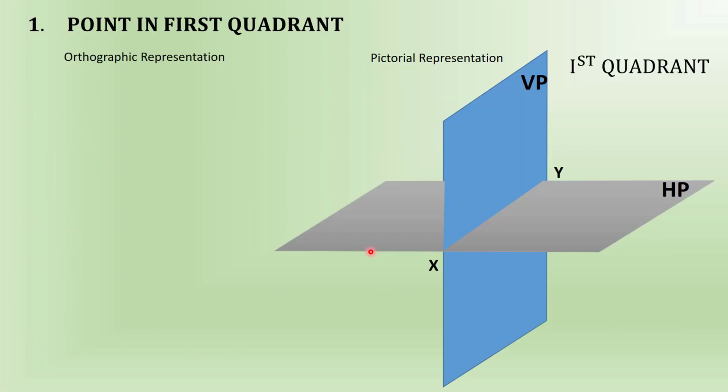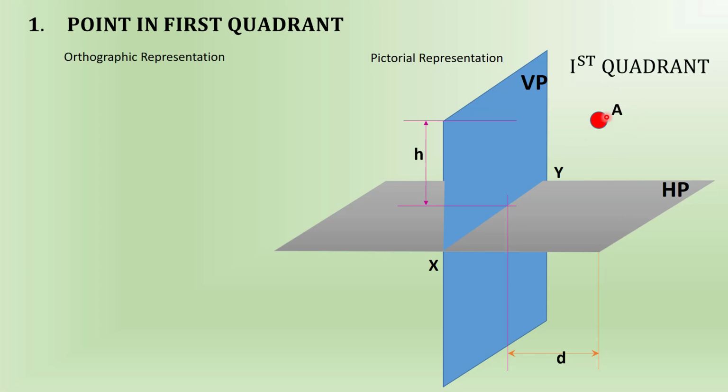So first, let us assume that the point is lying in the first quadrant. We know if the point lies in the first quadrant, it will be some distance in front of VP and some distance above the horizontal plane. So let us assume that capital A is the original point. Usually the original points will be denoted by capital letters.